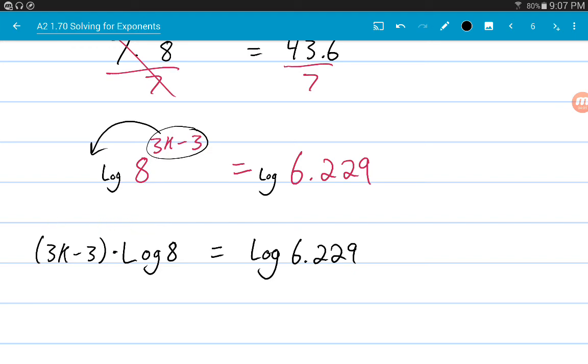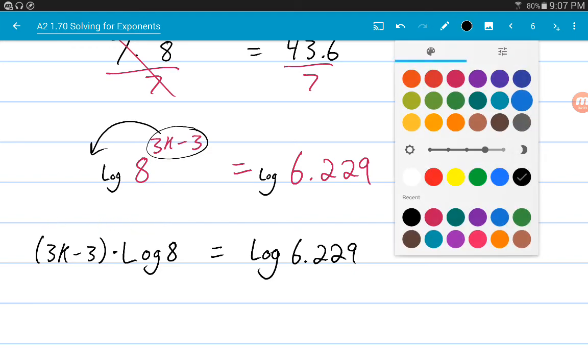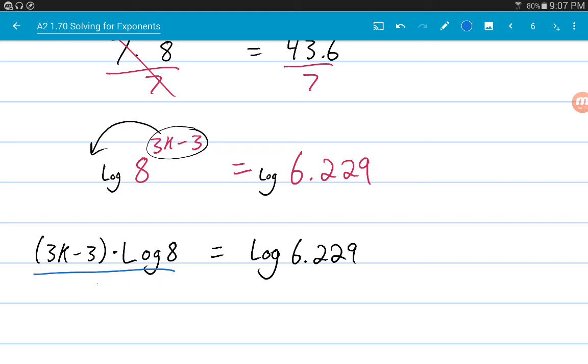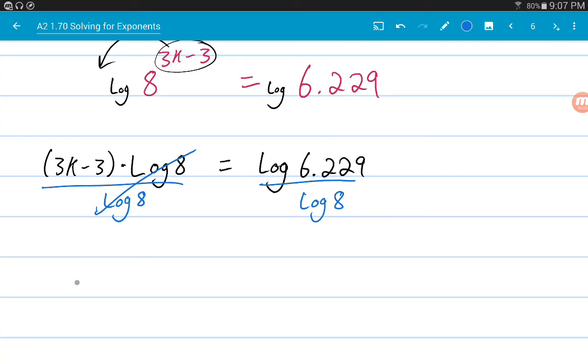I'm going to do that from the outside in. The easy one to get rid of right now is going to be divide both sides by the log 8. And now they're gone. I get that 3k minus 3 is equal to this, whatever that is.